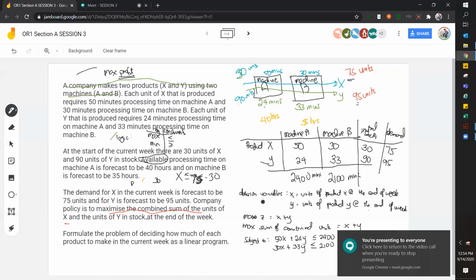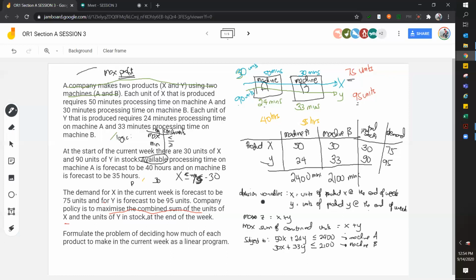Okay. Ngayon, kung ganito yung gagawin natin, hindi siya akma. Kung mapapansin nyo, hindi siya akma dito. Units of product X at the end of the week, parang yung tira. Tama ba? So, hindi siya nag-fit. Kung ganito yung gagawin natin, we have to change this.